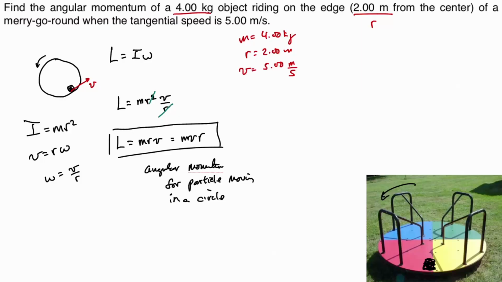Here's P. Here's V. Does that particle have angular momentum with respect to point P? Yes or no?